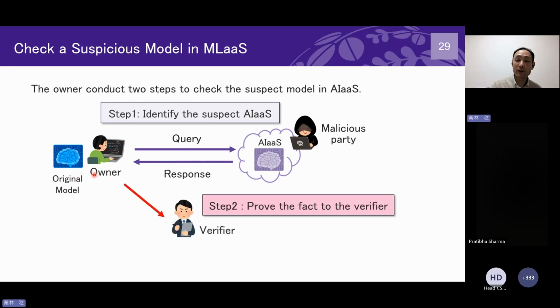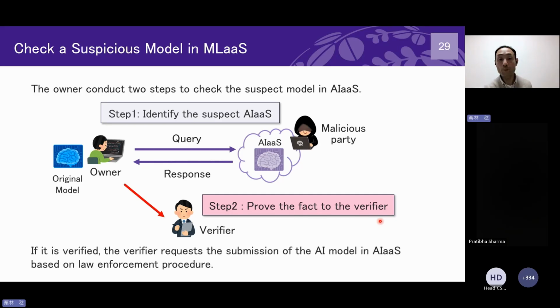Then in the second step the owner proves the fact to the verifier, and the verifier is convinced. The verifier requests the submission of the AI model in the AI as a service based on the law enforcement procedure. This is the natural process of law enforcement.